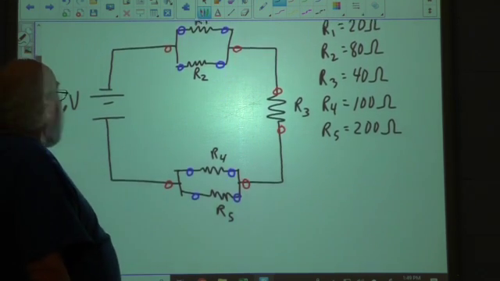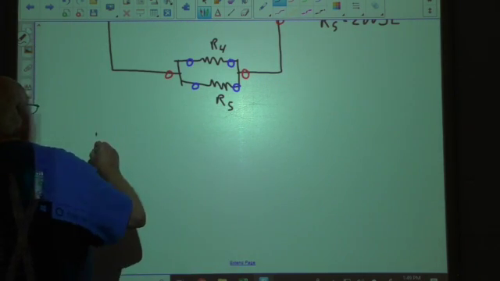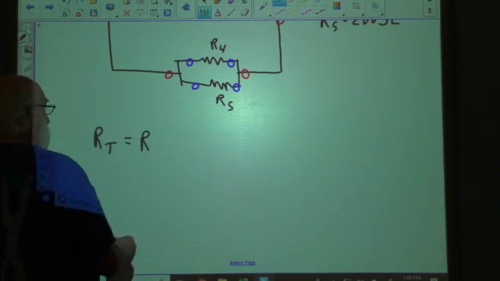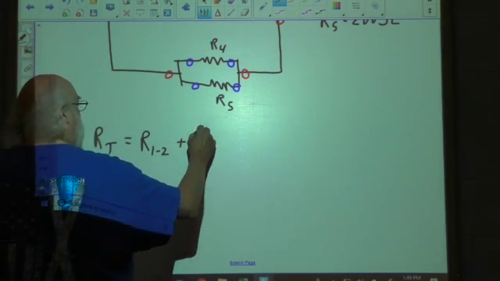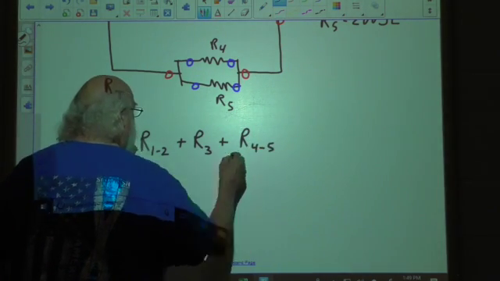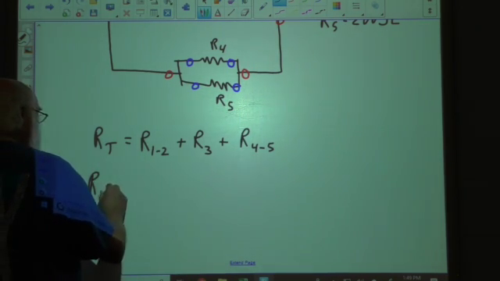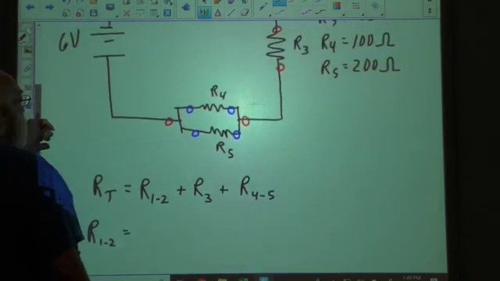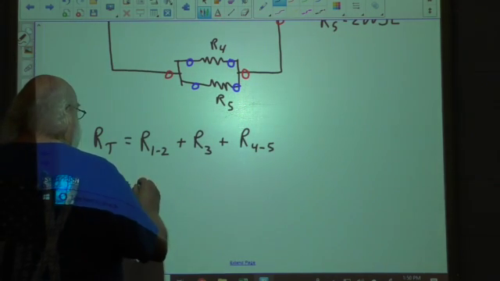So, let's take a look at this here. We know that R total is equal to R1 and 2 plus R3 plus R4 and 5. So that means we need to find R1 and 2. R1 and 2 is equal to, and so we go up to the first set there, it's 20 and 80 are the two values.